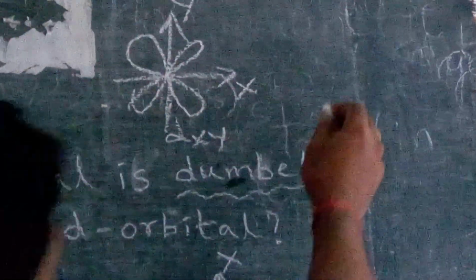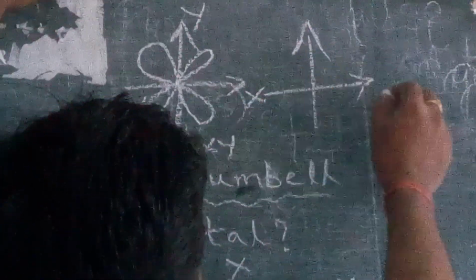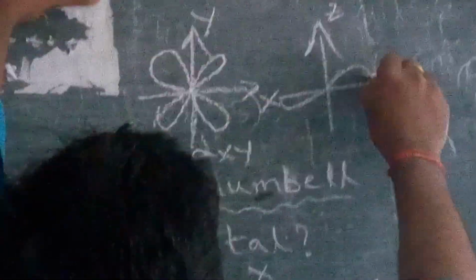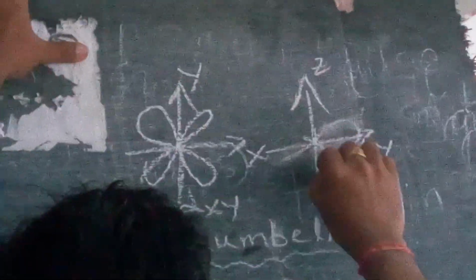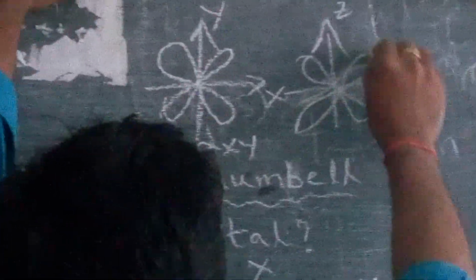If you draw the dumbbells in between the y-axis and z-axis, you have to draw in between these axes. You do not draw on the axes.